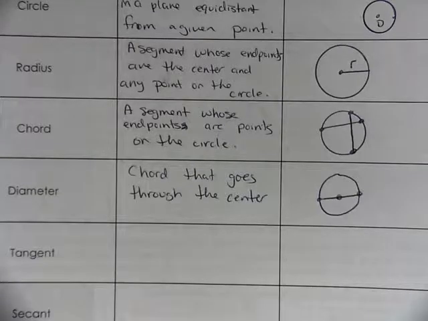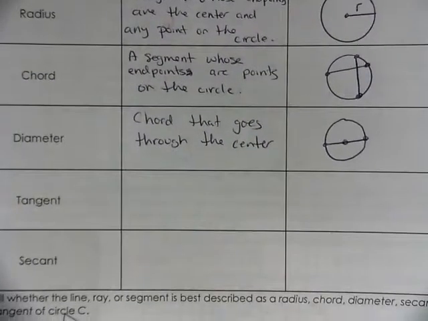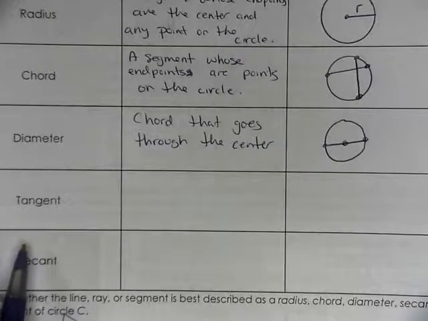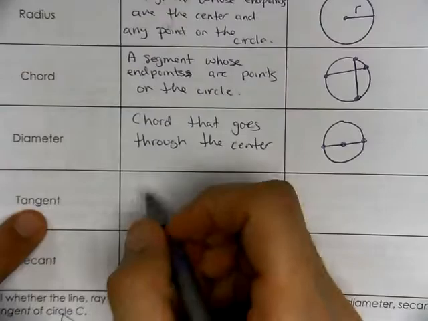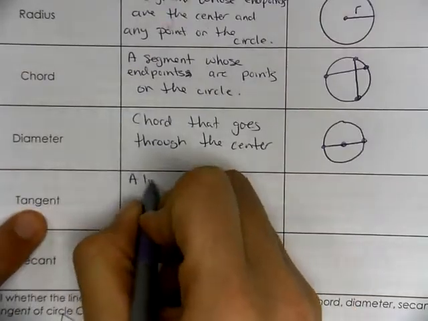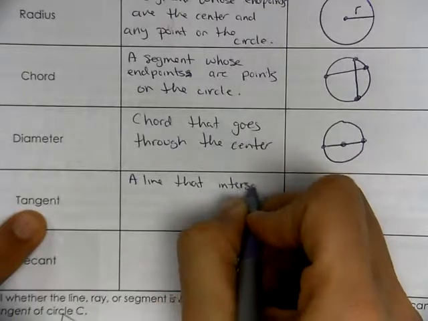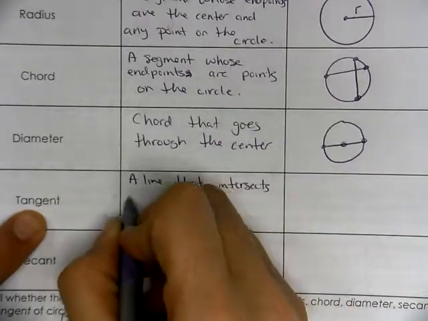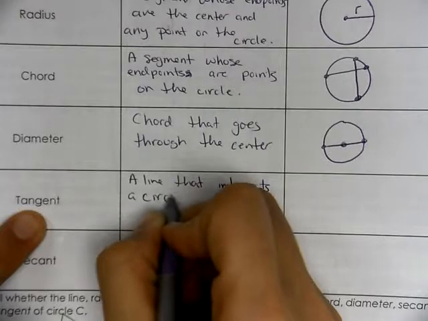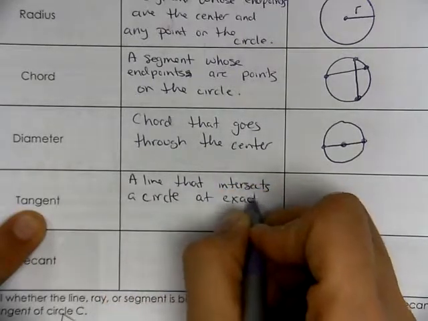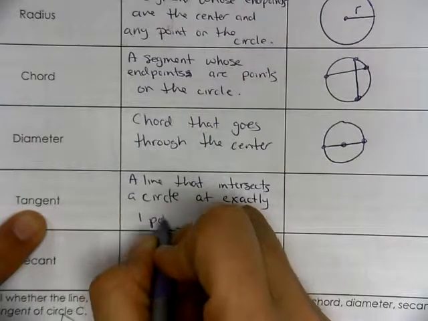A tangent and secant. Tangent's different than tan of our SOHCAHTOA. A tangent of a circle is a line that intersects a circle at exactly one point.